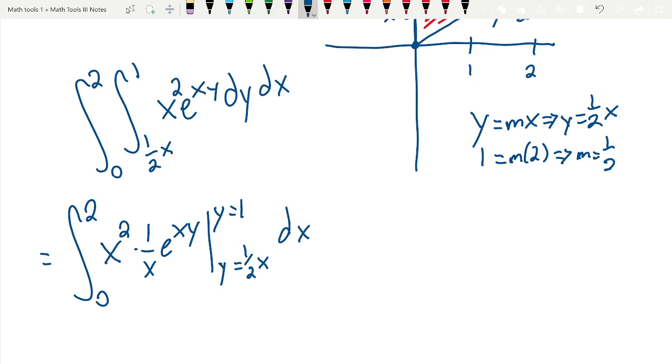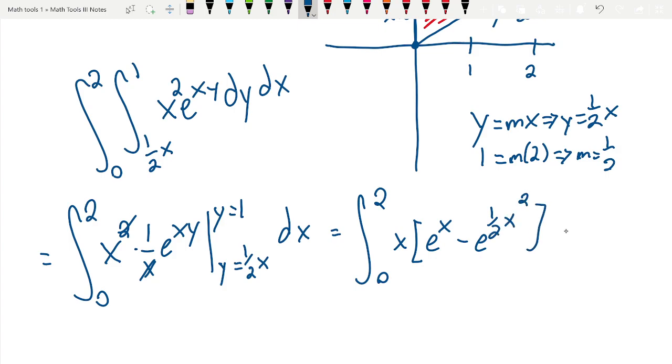And then we're going to integrate with respect to x. So when we plug in these points here, we're going to get, and this will cancel out, by the way, right? So we're just going to have x here. So we're going to get x times e to the x, because we plug in 1 for y, minus e to the 1/2 x squared, dx.